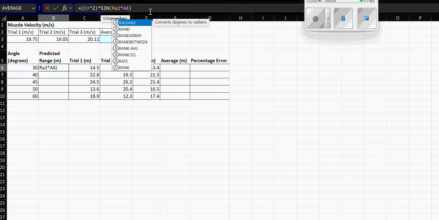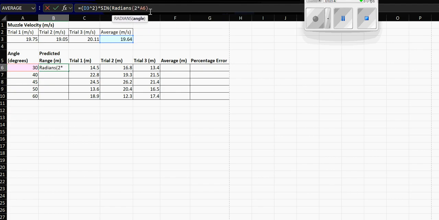So I'm going to write radians, and then I'm going to put brackets around this to say, okay, what it's going to do is take my 30 degrees, double it, turn all of that into radians, and then do the sine calculation with radians because it defaults to using radians. Okay, that's a bit of a pain, but that's okay.